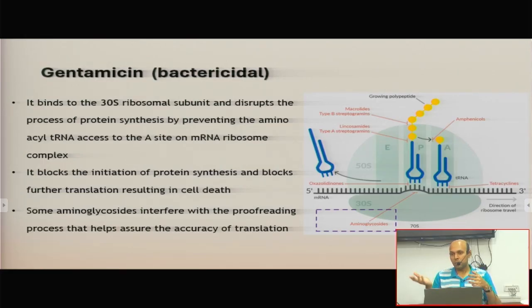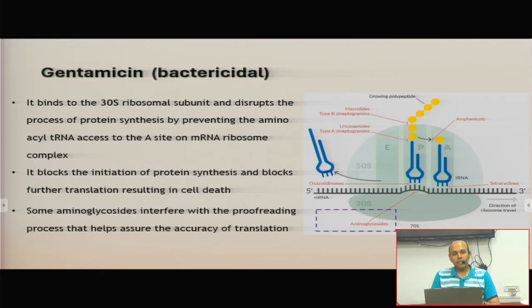I appreciate there are students here from a non-biology background, but there are certain things that you need to know, because without that basic foundation you will not know anything else. You need to know that these classes are there, and in these classes these antibiotics are categorized. There is no other way of remembering, it is like learning the letters of the alphabet. So gentamicin is an aminoglycoside, right?